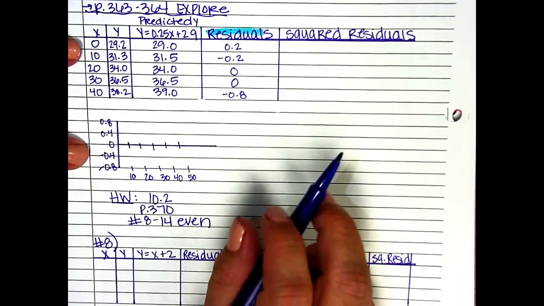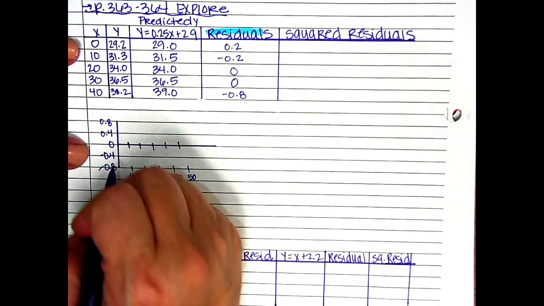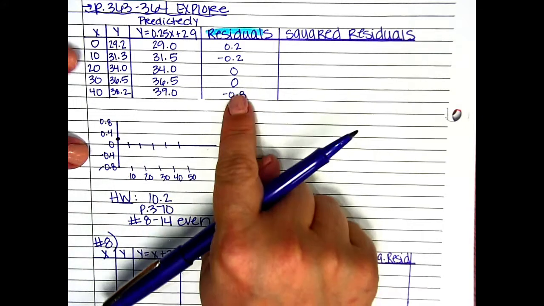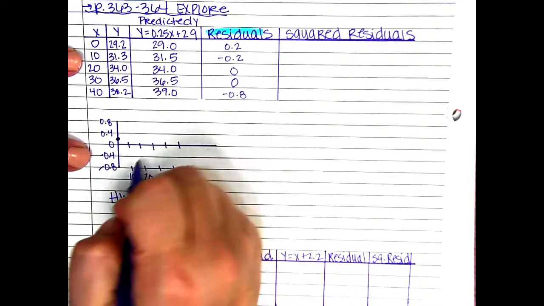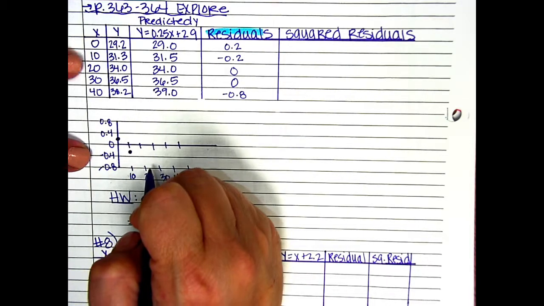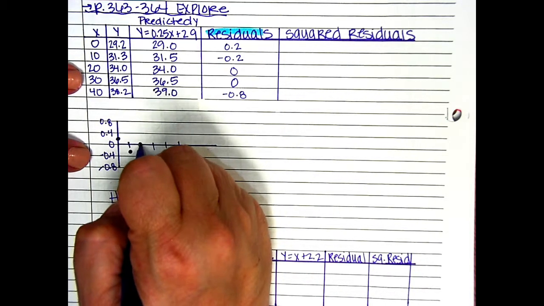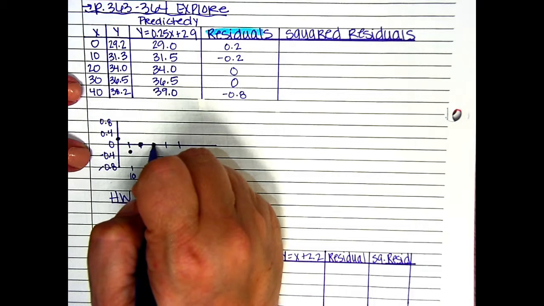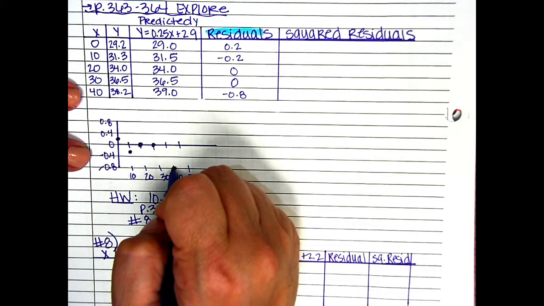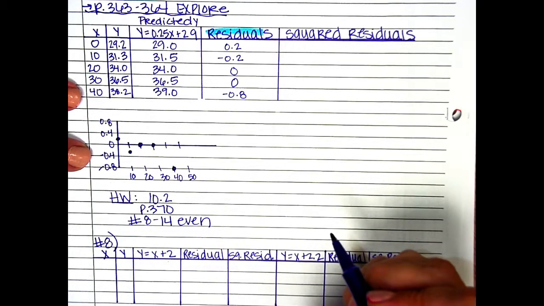So my first one is 0 and 0.2. My next is 10 and negative 0.2. Then I have 20 and 0, 30 and 0, 40 and negative 0.8.